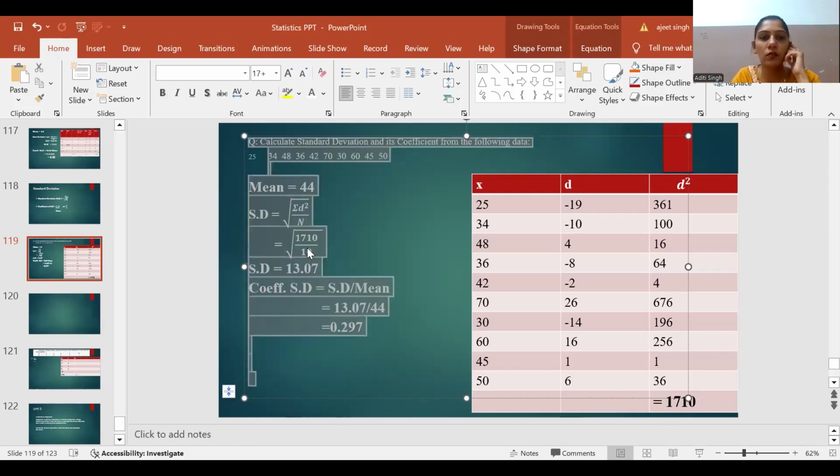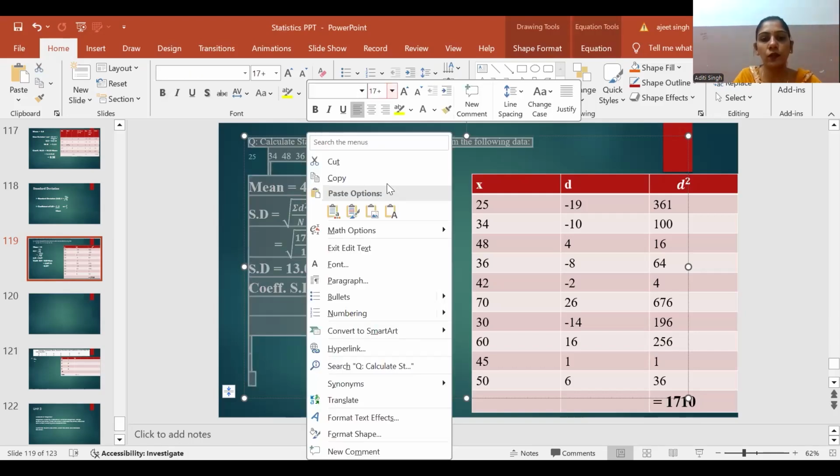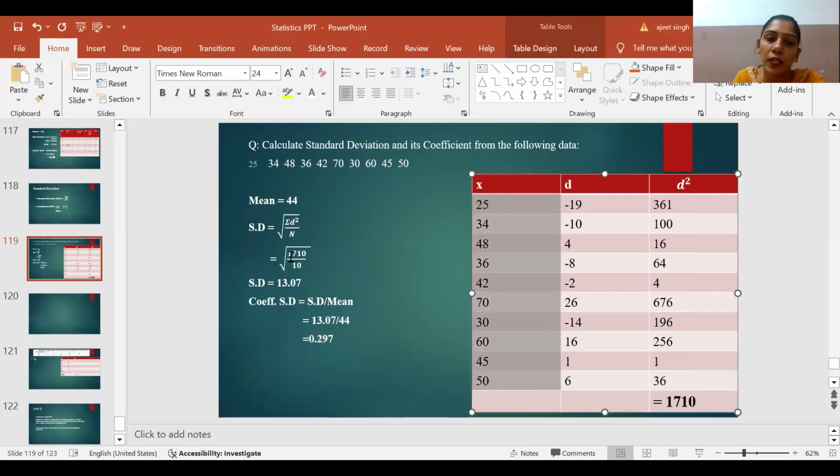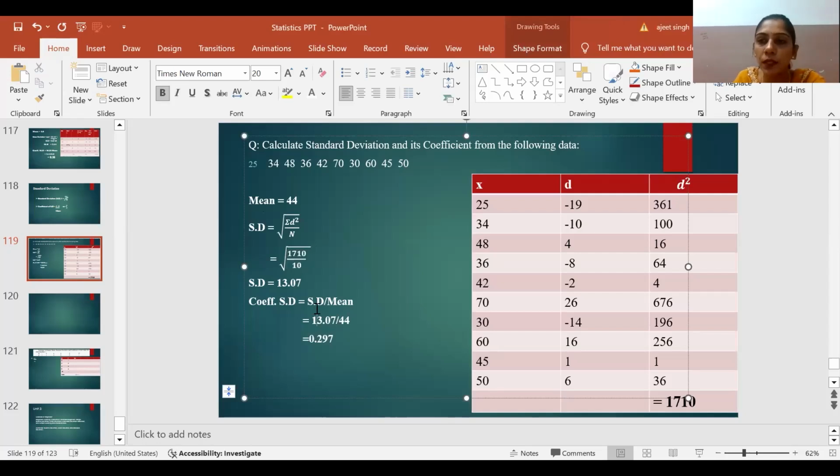So this is how we calculate the value of mean, after that standard deviation, and coefficient of standard deviation. First of all, we have to calculate the mean. The method of calculating mean is similar to what we have studied in arithmetic mean.